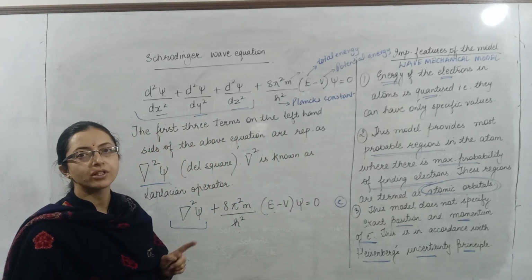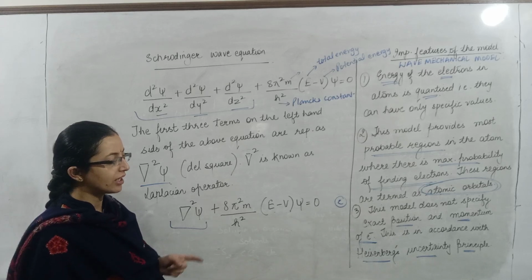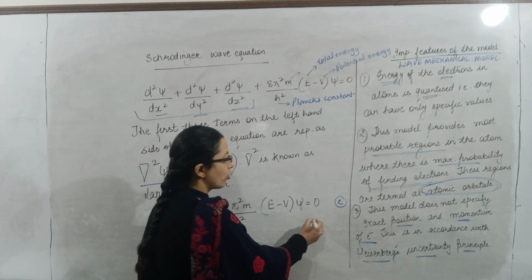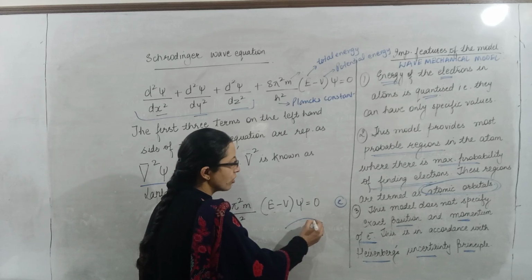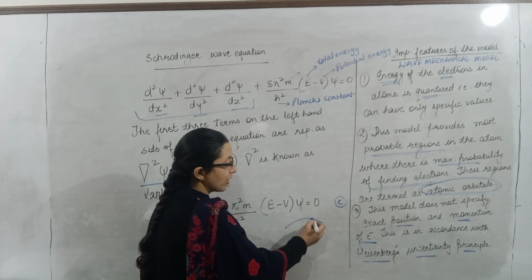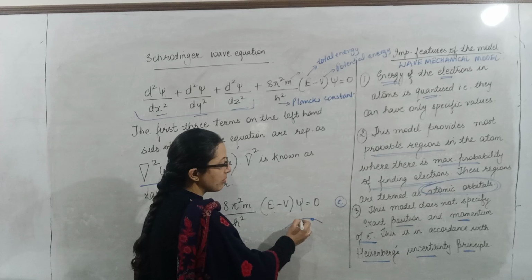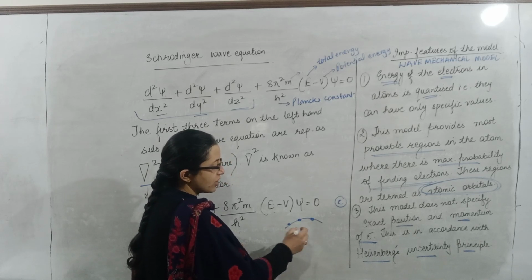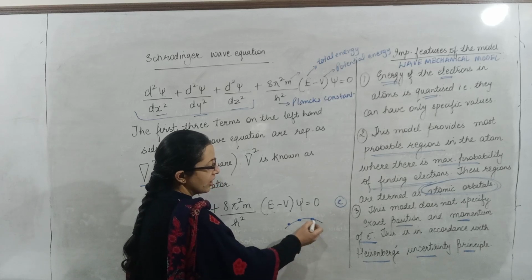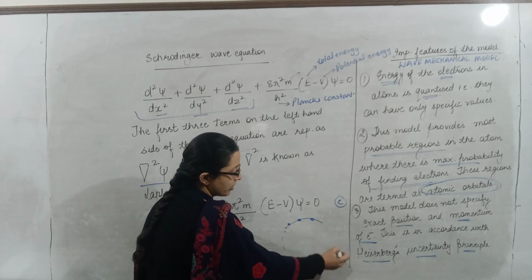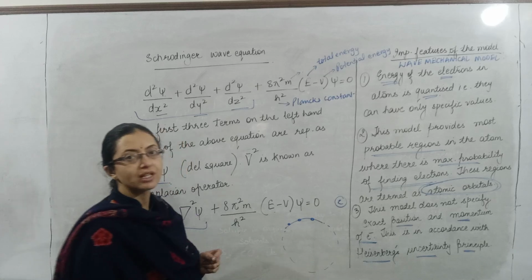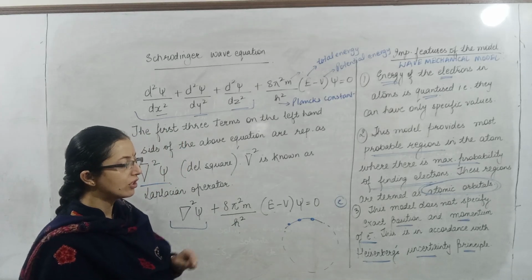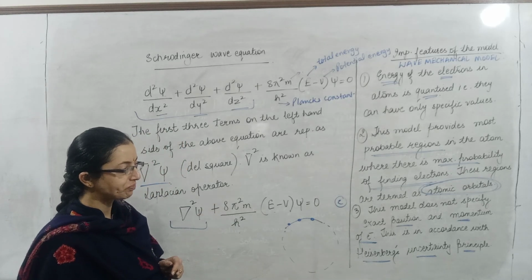बोहर का जो कॉन्सेप्ट था सर्कुलर ऑर्बिट्स का, वो कंट्राडिक्ट किया था, बिकॉज ही सेड सर्कुलर ऑर्बिट्स हम तब बोल सकते हैं जब इलेक्ट्रॉन का पोजीशन और उसका मोमेंटम हमें पता है, देन वी कैन डिफाइन द इलेक्ट्रॉन इज प्रेजेंट हियर एंड मूविंग विद दिस पर्टिकुलर velocity, then we can define the circular orbit. But till the time we don't know the exact position and momentum of electron, we cannot define its path.